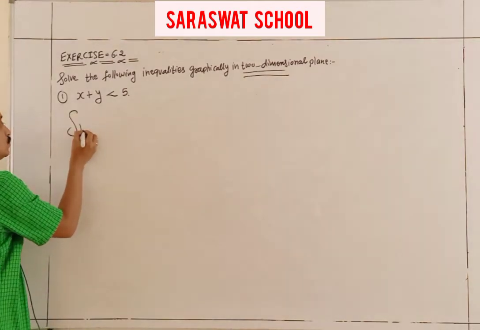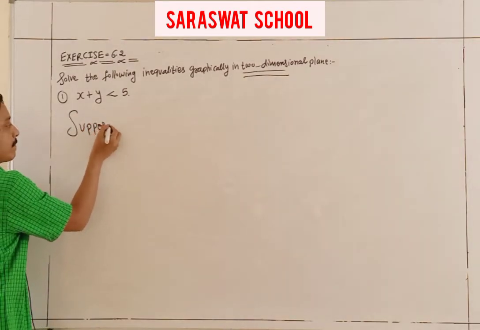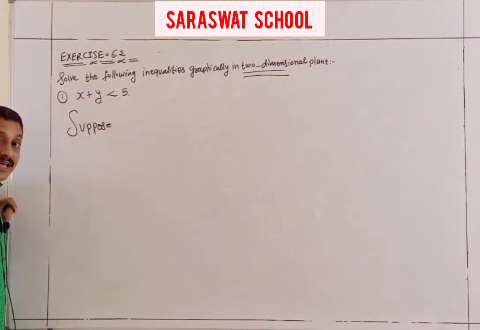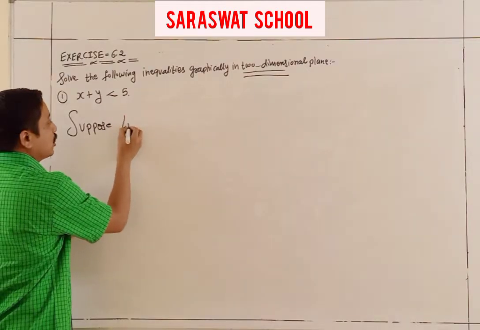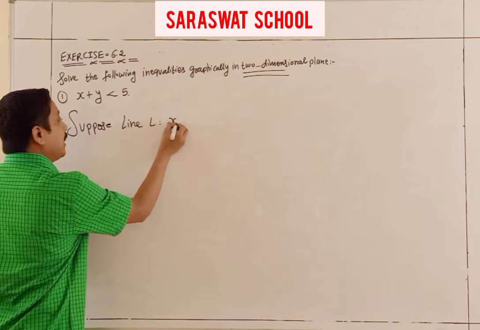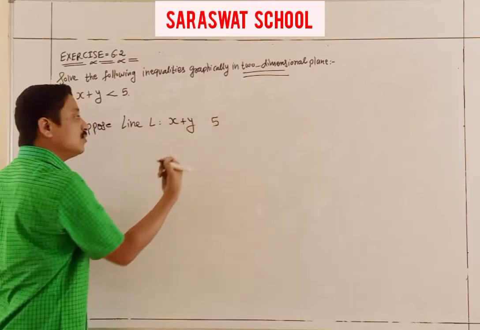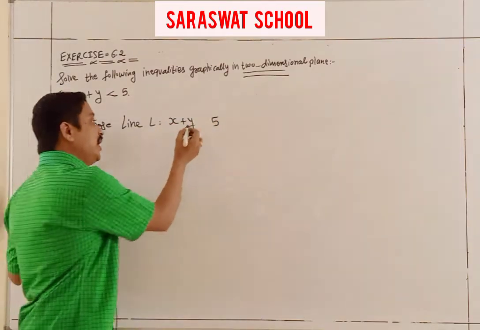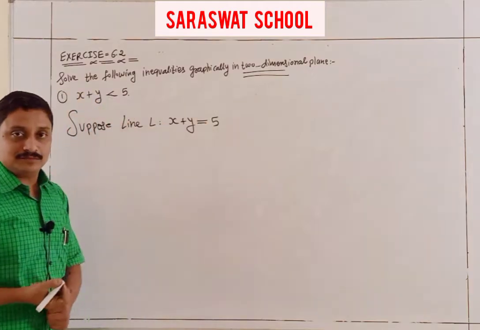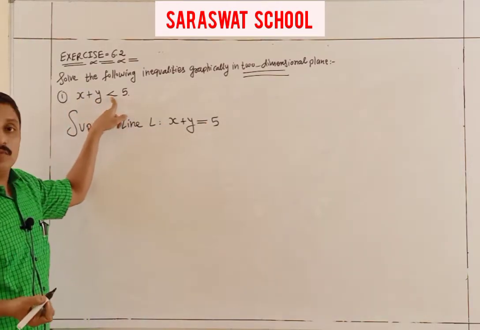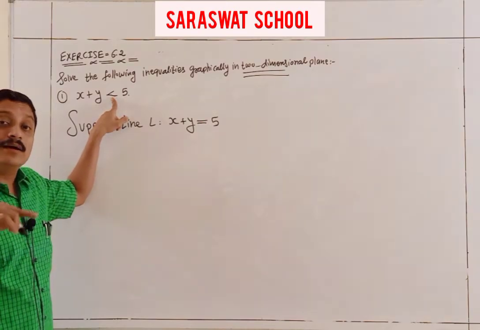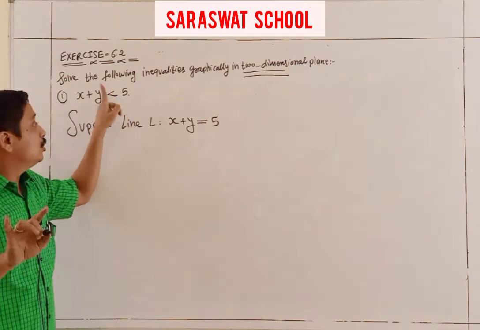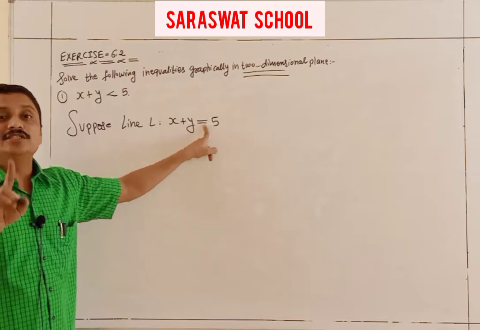Suppose this linear inequality, I assume it forms a line. Suppose the line L is x plus y, always write down here, is equal to. It may be given as less than, or less than or equal, or greater than or equal, but you always write down is equal to 5.